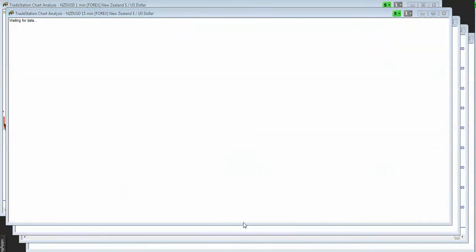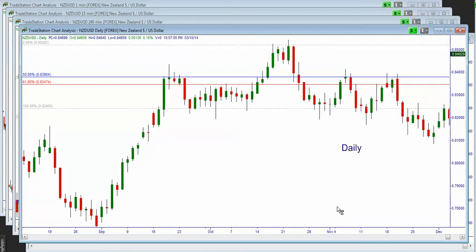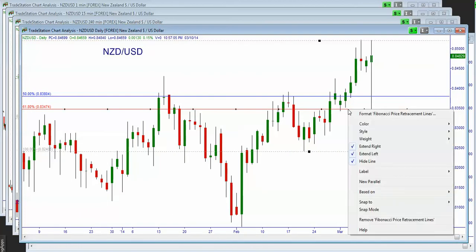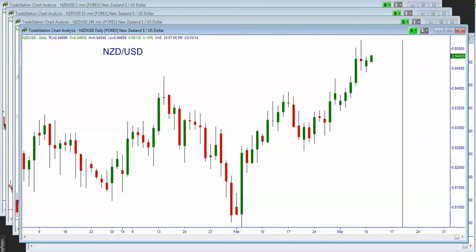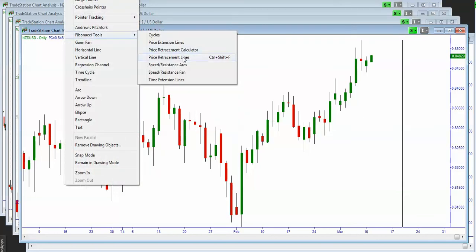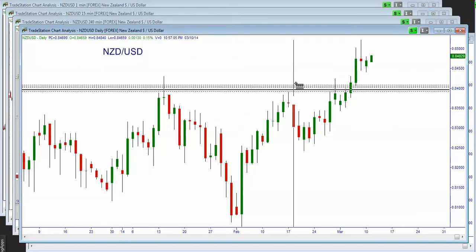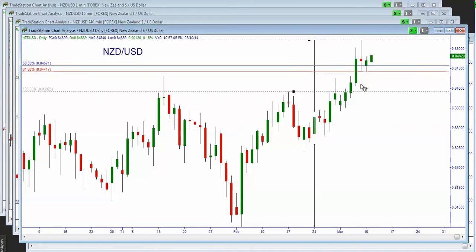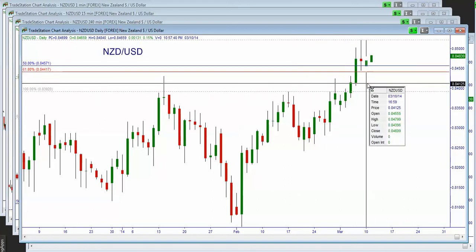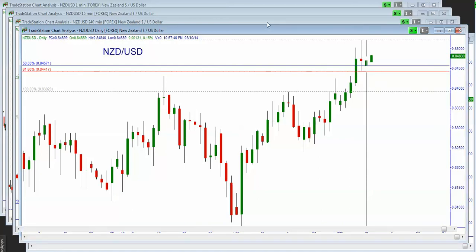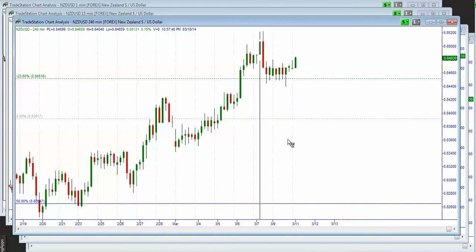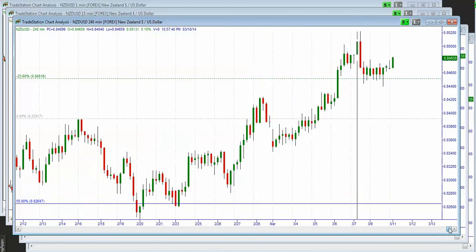Finally, the New Zealand dollar versus the US dollar. Yesterday, again, I gave you a trade, and actually it worked reasonably well, although it broke the level marginally, the 61.8 level, but as you can see here, the price actually continued moving higher.